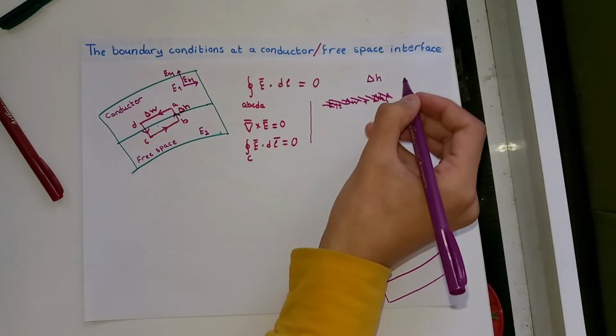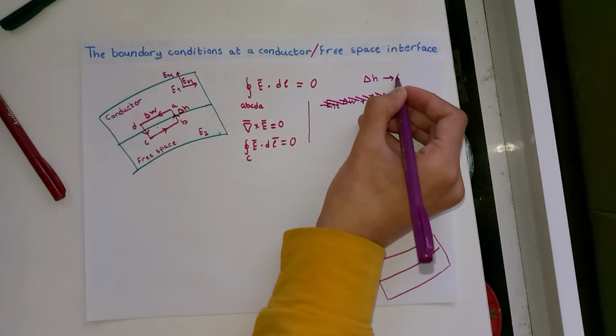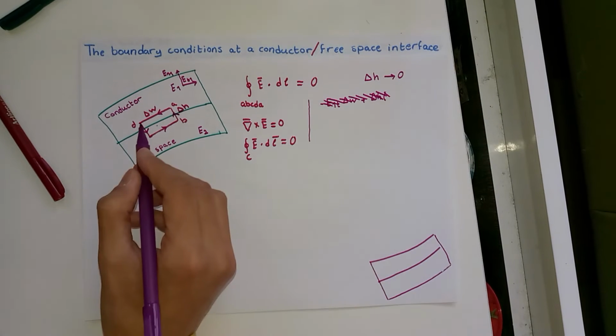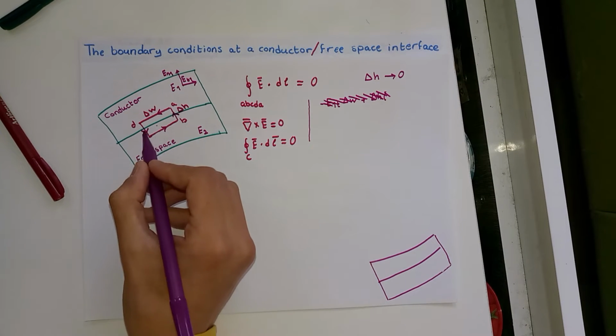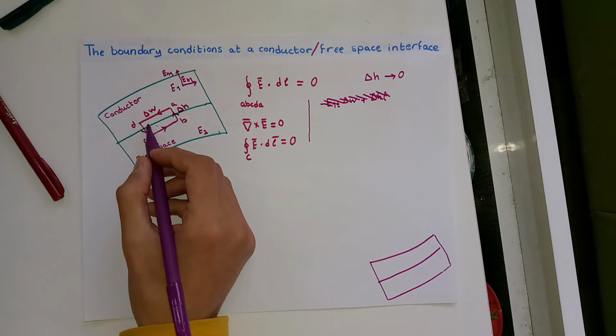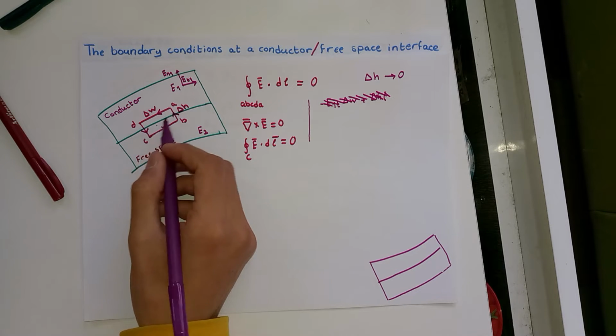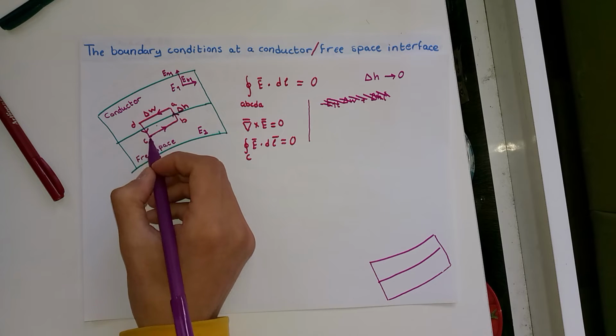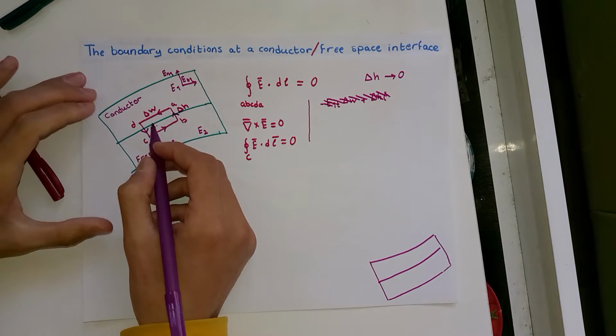I will make delta H for this path approach 0, as we want to find the tangential electric field at exactly the boundary between the conductor and the free space at the interface.